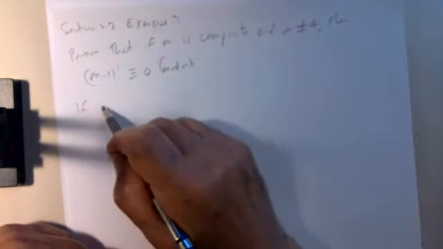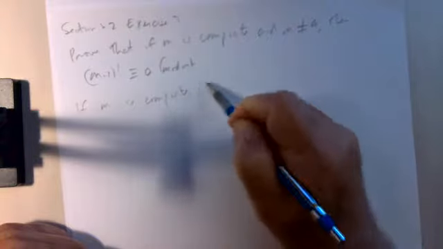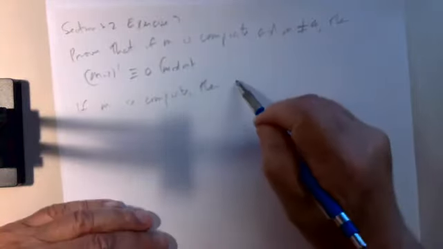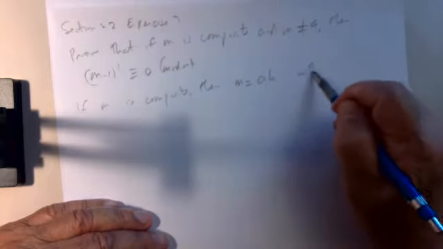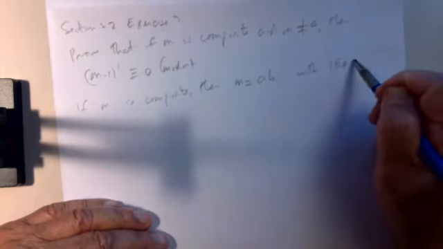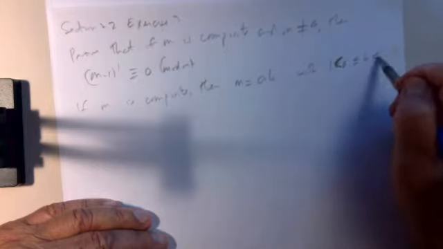So if M is composite, then it factors into A times B, with A less than or equal to B, and these numbers are strictly between 1 and M.